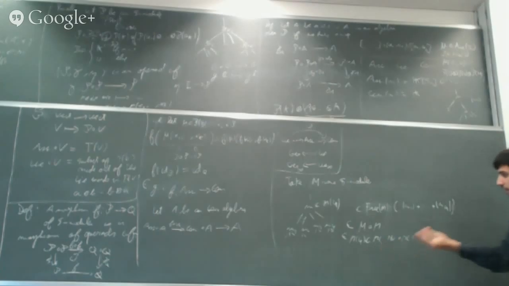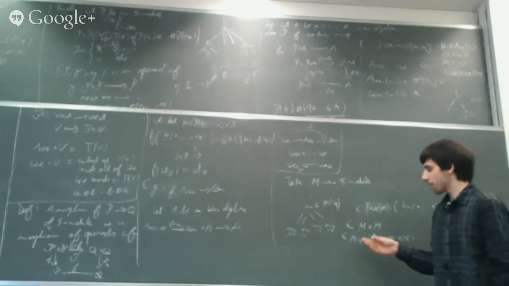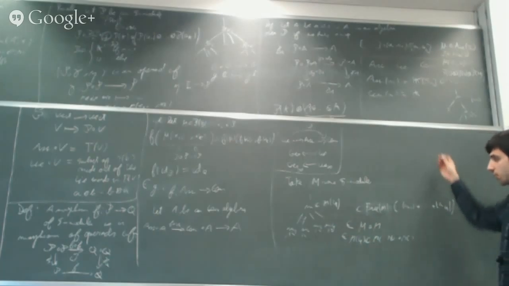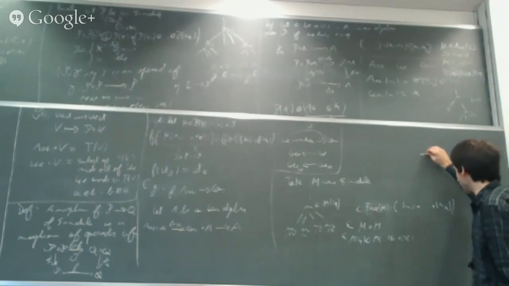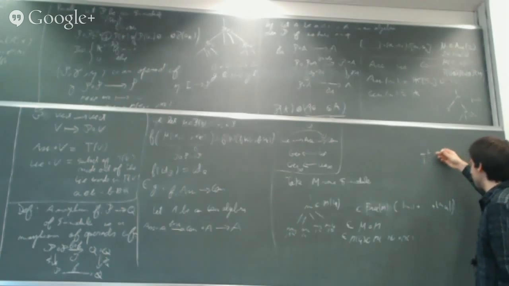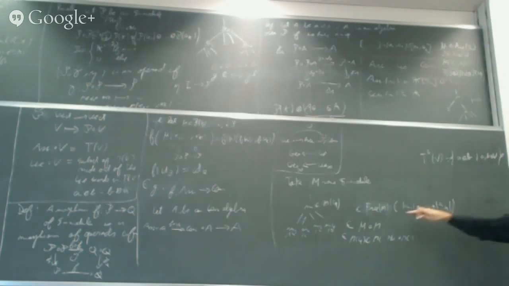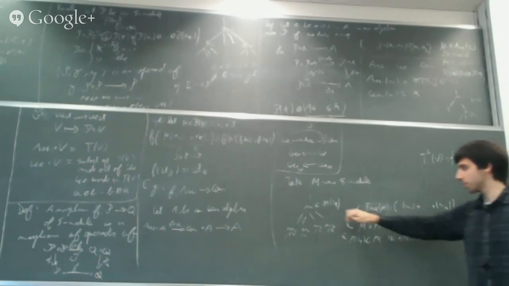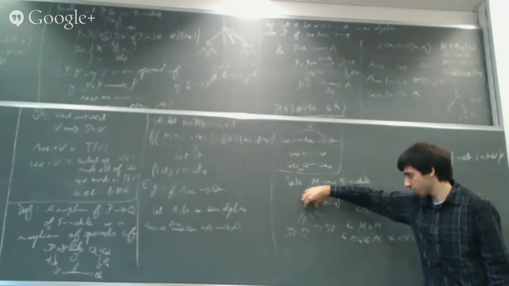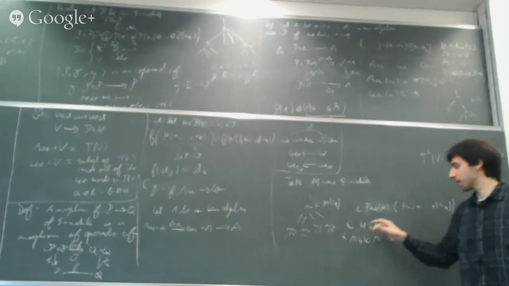But the point is, if you take a vector space and you only allow to multiply 2 guys in the vector space, you obtain T2 of V, which is the set of A tensor B for A and B in V. But then the problem is you want to make all of this an operad, and you can already multiply guys which are just living in M. You can multiply and you end up here.